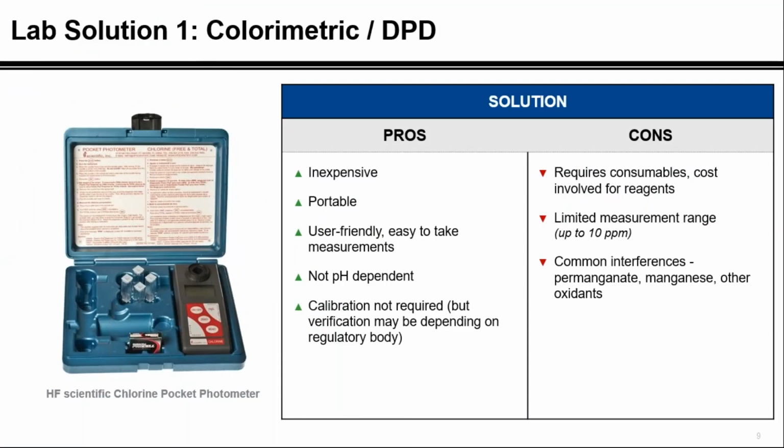When I first started in the industry, many plants used color wheels to monitor chlorine. Color wheels use the human eye and a color comparator disc to determine the concentration of chlorine in the sample. With this method, there was a significant amount of error because everyone doesn't see color the same way. This method also used a blank or a zero sample, like we do today, but the blank sample was not located in the same cuvette as the sample.